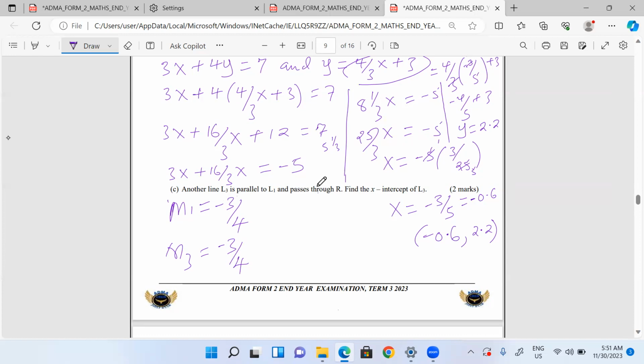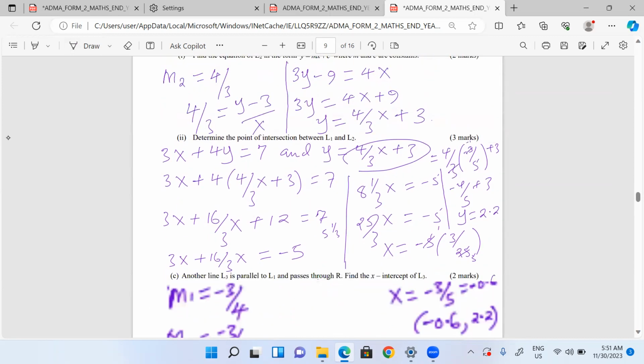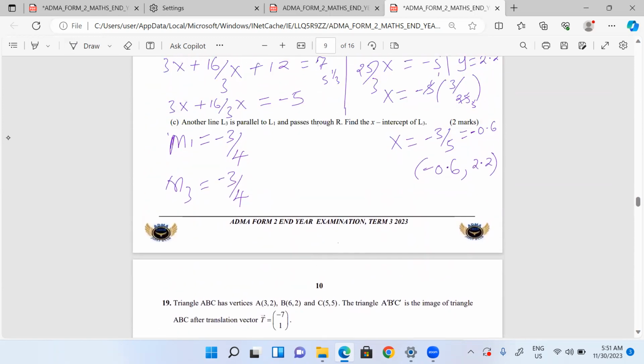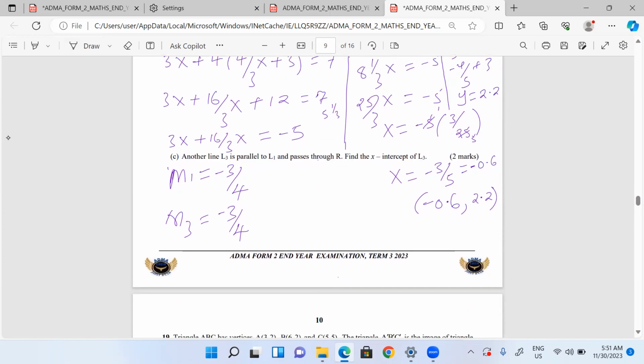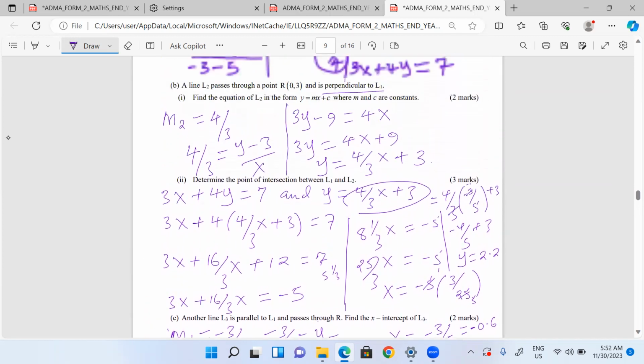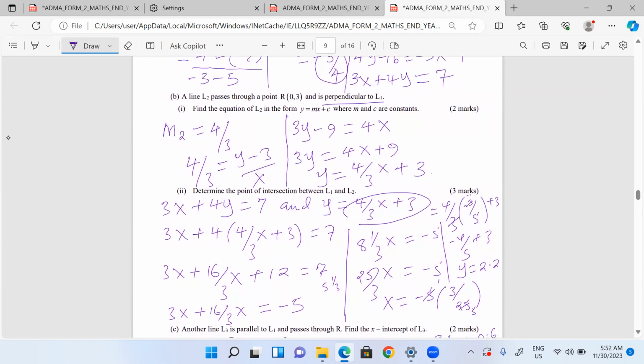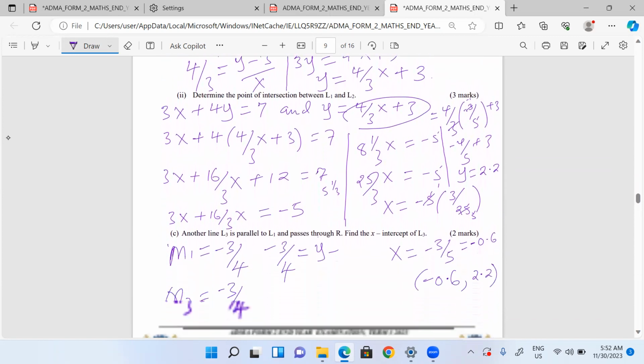Whereby we say negative 3/4 equals, it passes through point R. Therefore, y minus, let me check point R. The coordinates of R are 0, 3.